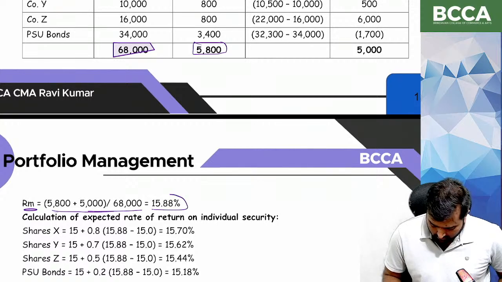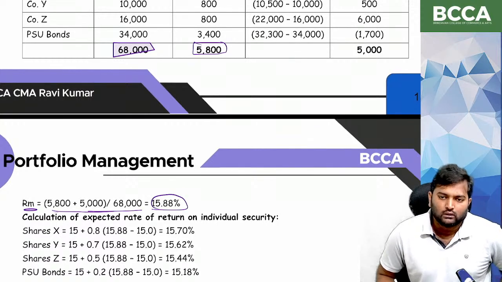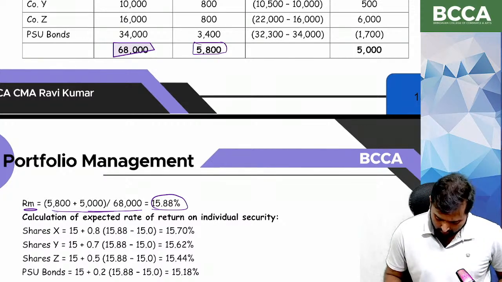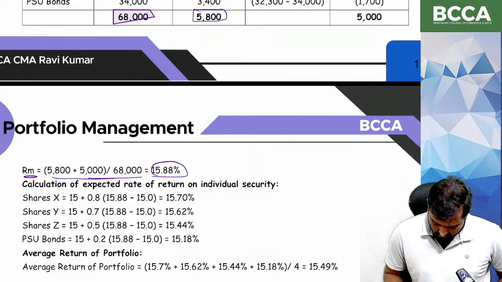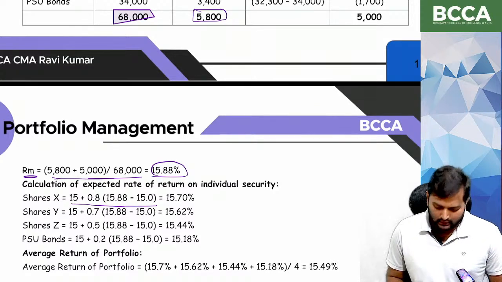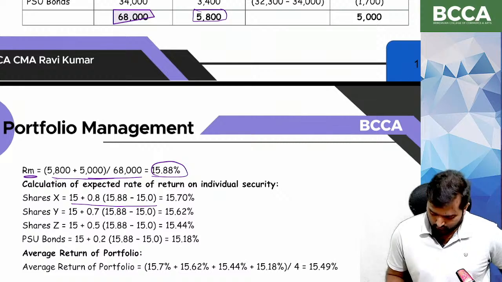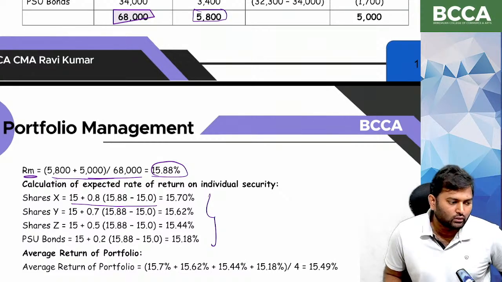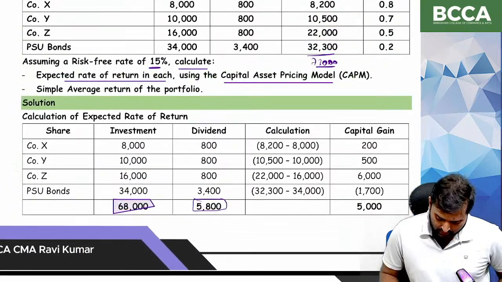So what is the return? 15.88 percent is the return RM. Clear? So now we have to find out CAPM return in each case. RF plus (RM minus RF) into beta. Go through the answer.